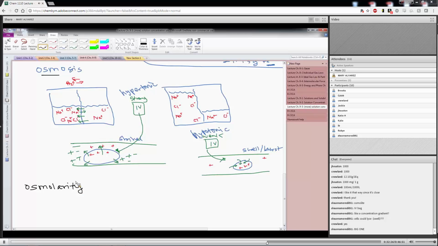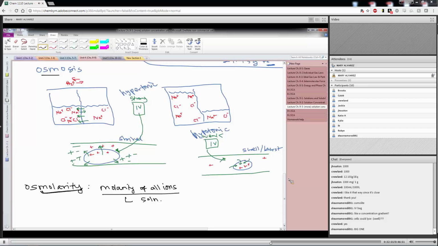is a unit of concentration where we're looking at molarity, that's where it comes from, is moles per liter, right? So osmolarity is the molarity of all ions divided by liters of solution.